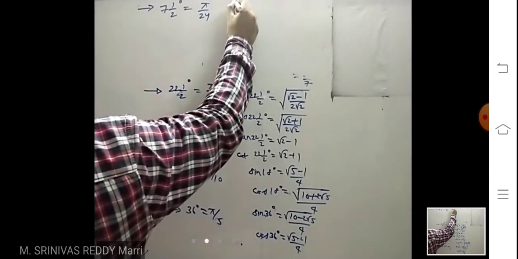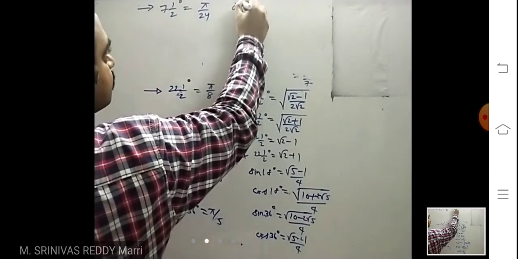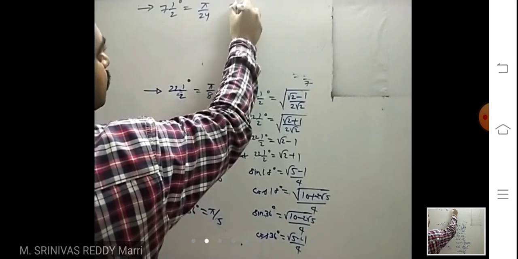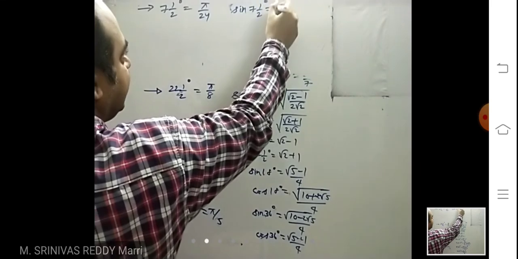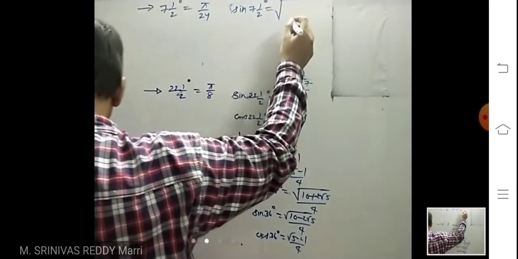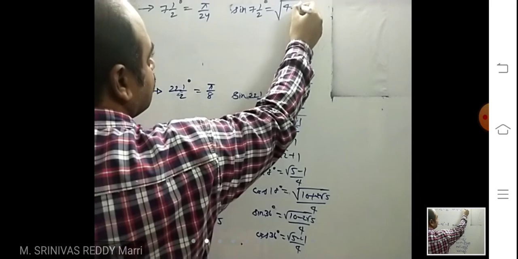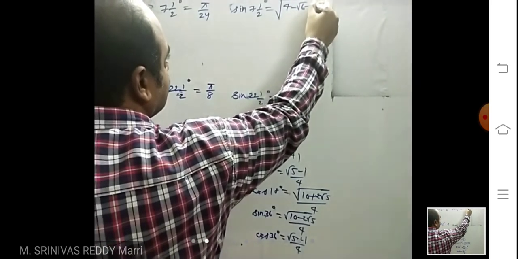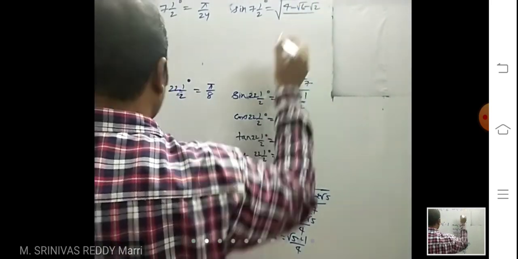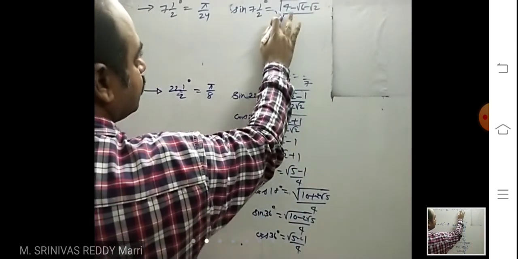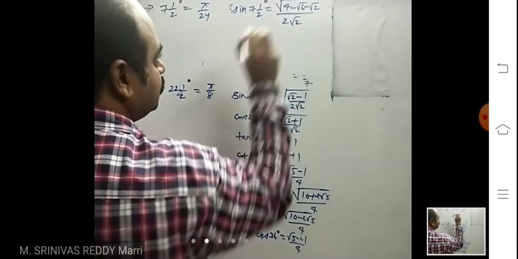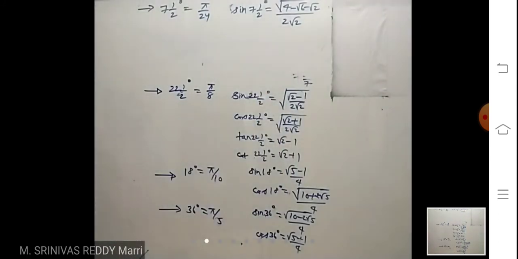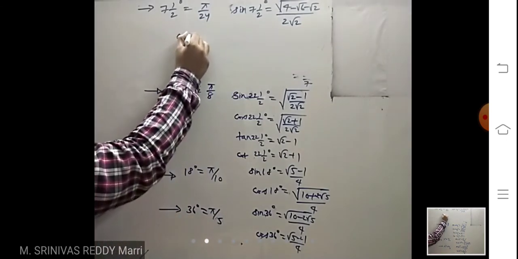In this, what you have to remember is sine 7.5 degree, which is the square root of 4 minus root 6 minus root 2, divided by 2 root 2. That is the value.